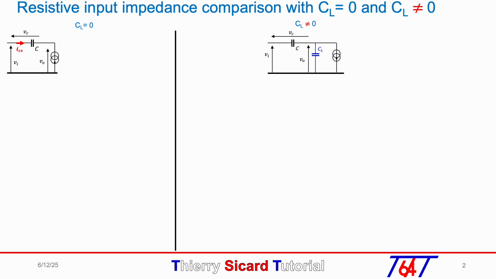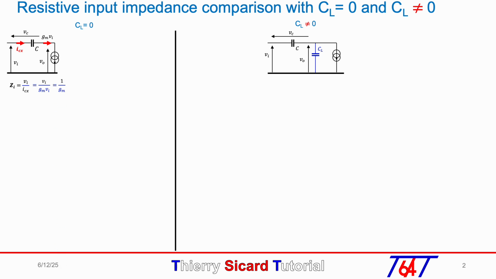We define the input current as ICX. The input impedance is Zin equal Vin over ICX. As we have only a single capacitor C in series with the current source, the current Gm times Vi is equal to ICX.